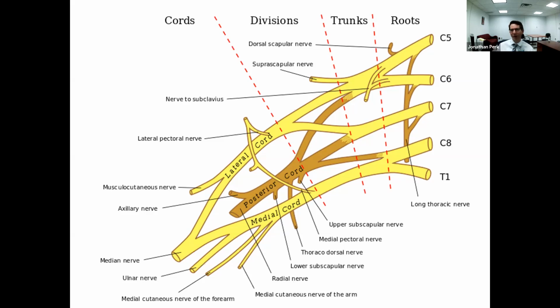If you just Google how to learn the brachial plexus in 5 minutes, that means you'll never learn it. It will go in one ear and out the other. And also, it's not going to be useful to you in terms of examination of patients. Ultimately, the reason to know it is because we need it for our patients.